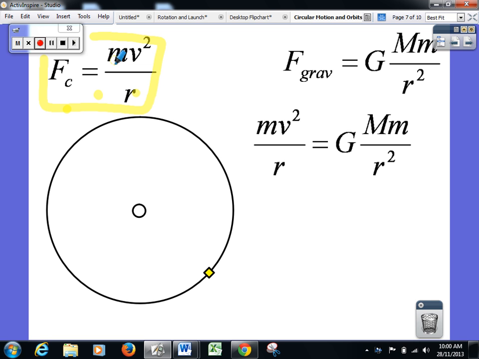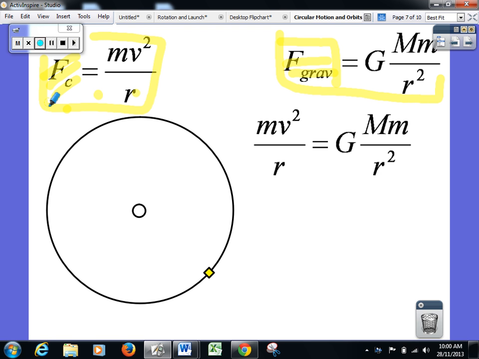But what is the actual cause of the centripetal force? It is gravity. So what do I know these two values must be? The force of gravity here must actually equal the centripetal force. They're the things which are creating it. So the gravity force is creating the centripetal force, because they're one and the same thing.